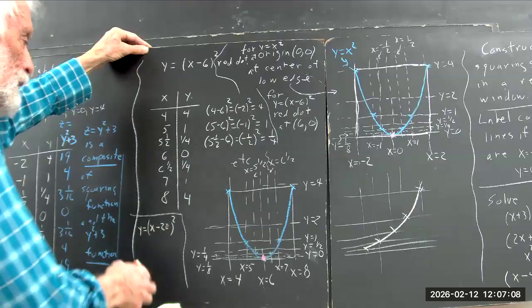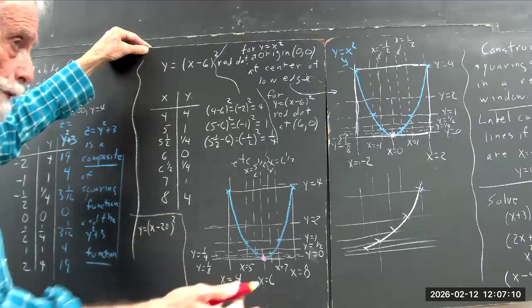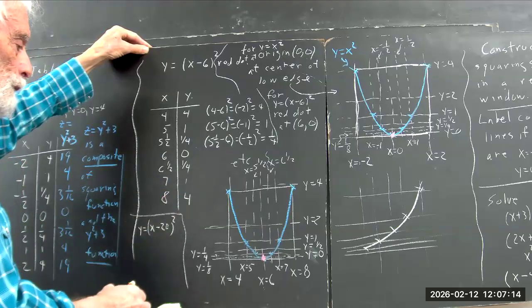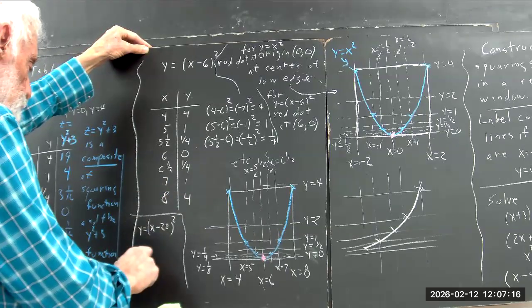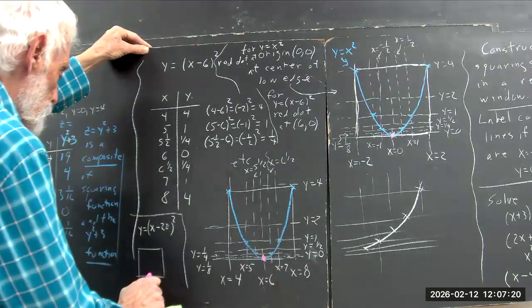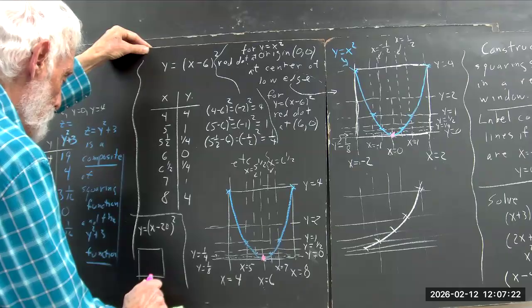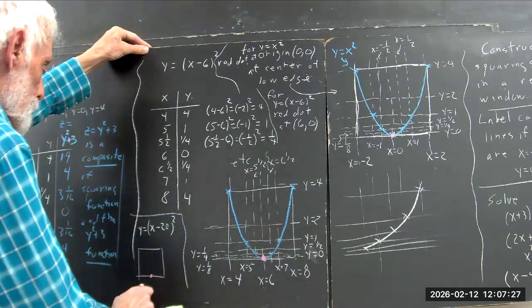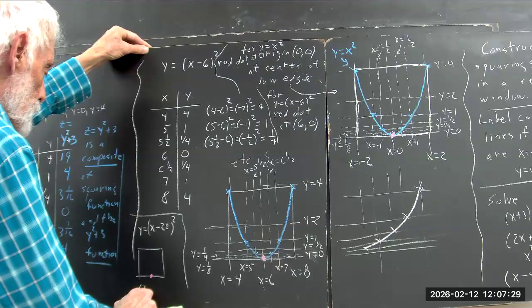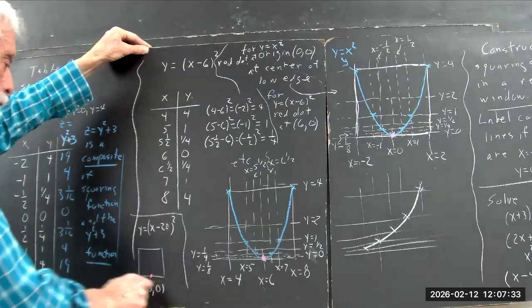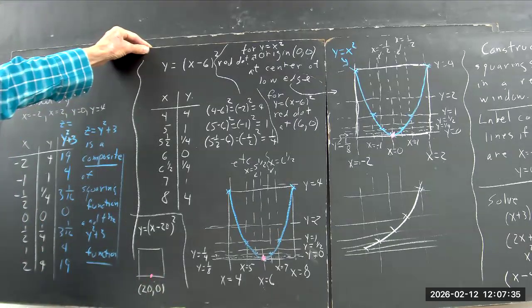We're squaring x minus 20 instead of x. If we square x minus 20 instead of x, the red dot would appear at x equals 20, y equals 0. Does that make sense?